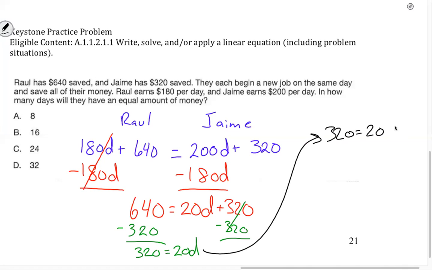Last but not least, Nate, what do I have to do? Divide by 20. Do you happen to know what 320 divided by 20 is? 16. So in 16 days, they will have the same amount of money.